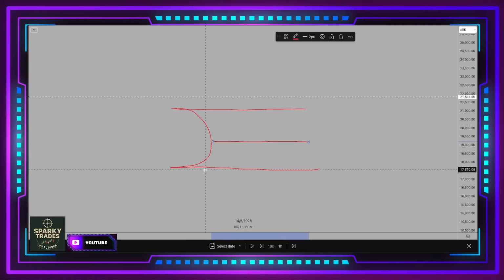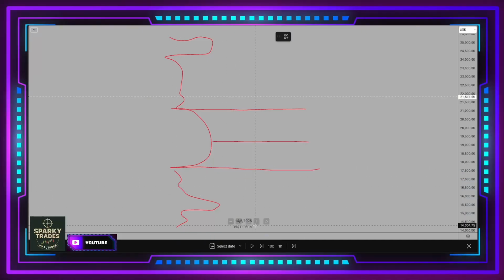So this big D, there could be some low volume nodes in here too. It just doesn't completely take out this D-shaped distribution. And then we got another one, comes out, all that good stuff. So these are low volume nodes, all these.